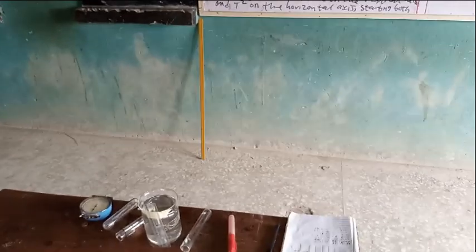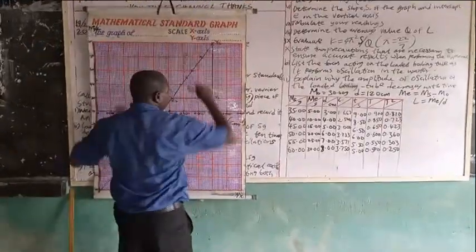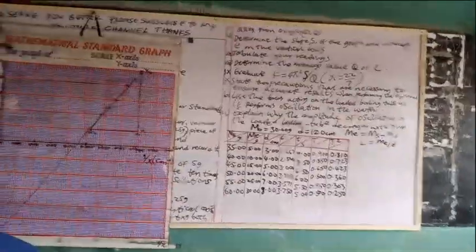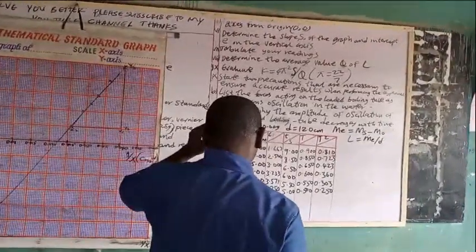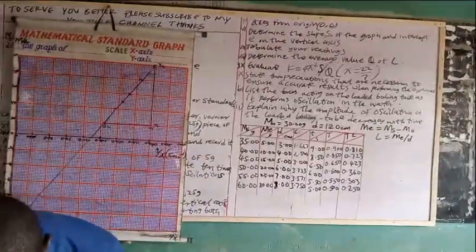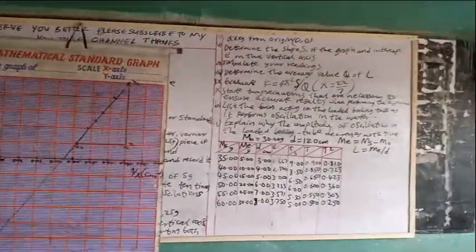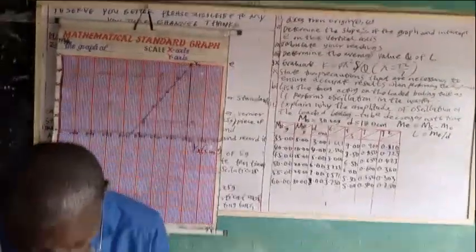Now, let us plot the graph. We are going to plot the graph of ME on the vertical axis and T square on the horizontal axis.